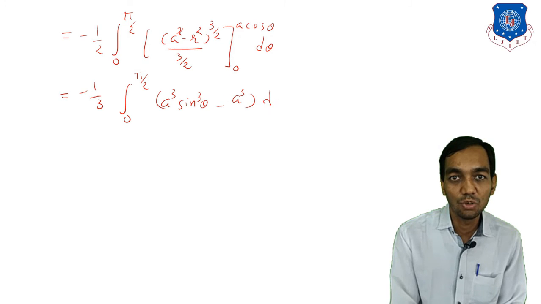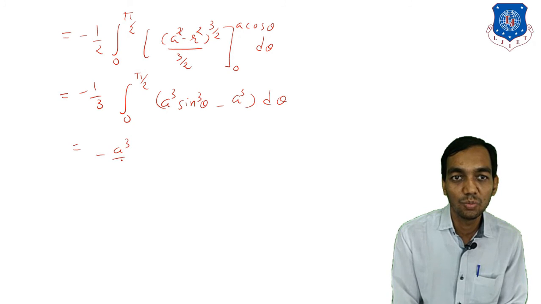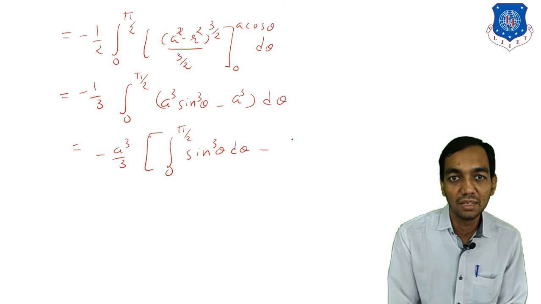Correct? Now a cube common out, and that will give you minus a cube by 3, and we are going to separate the integrations: 0 to pi by 2 sine cube theta d theta minus integration 0 to pi by 2 d theta.